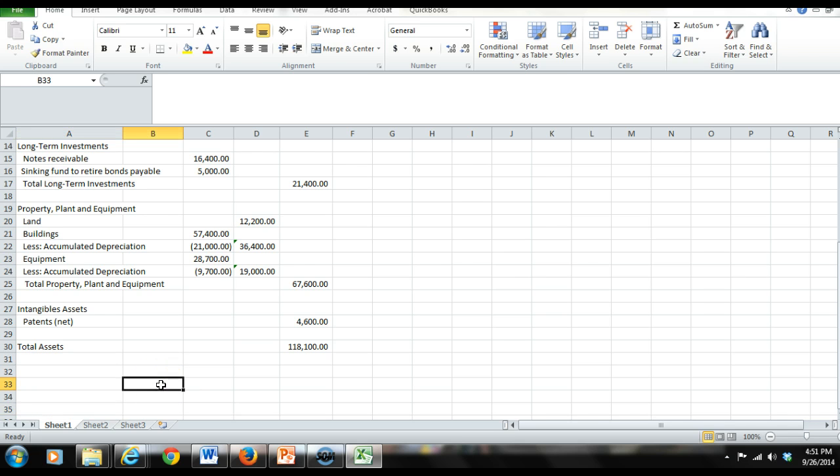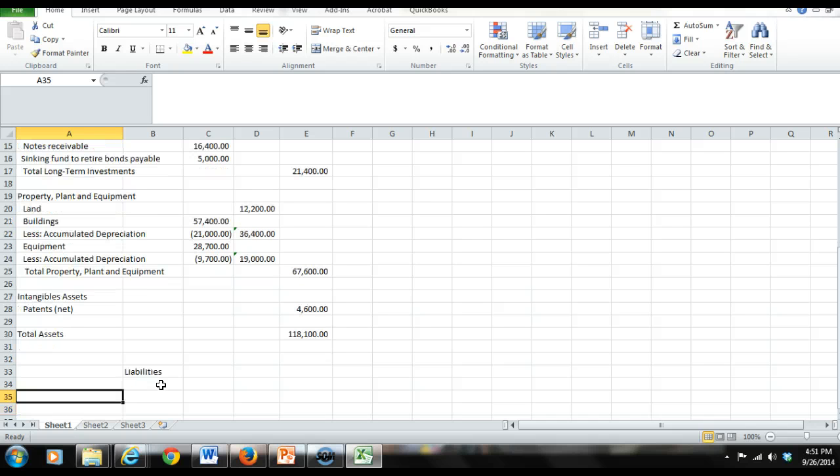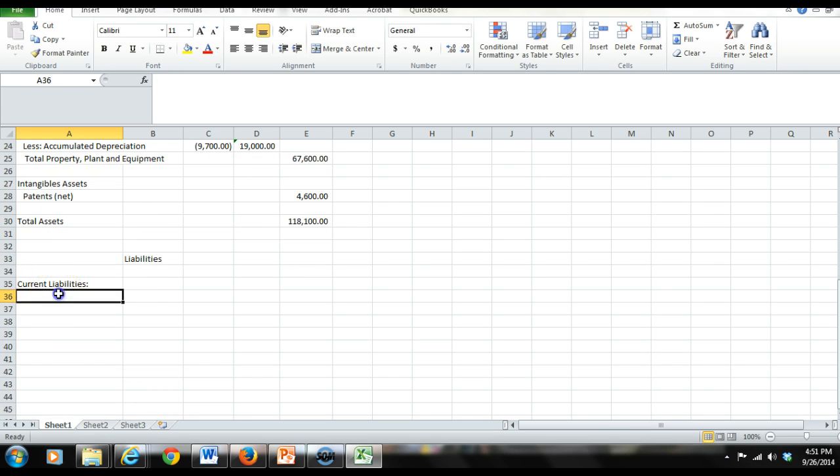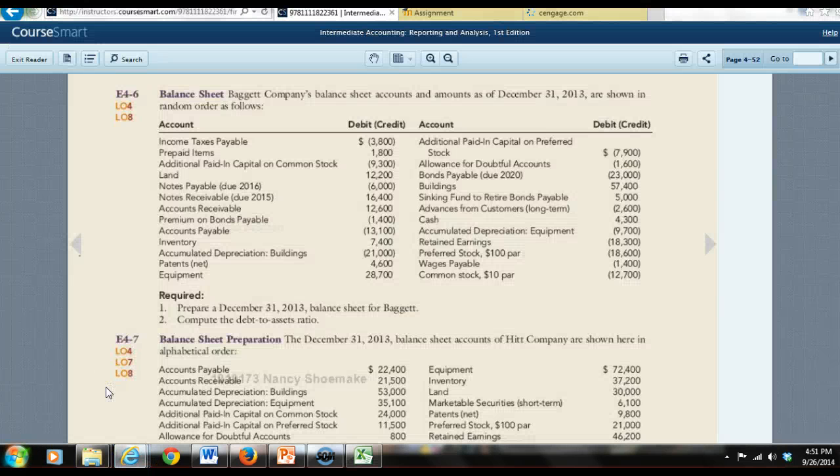I'm going to show liabilities here. We'll start again with the most liquid liabilities, those that need to be paid in the current year. So current liabilities, from there we'll take our accounts payable. And those accounts payable were, let me just confirm it, $13,100.